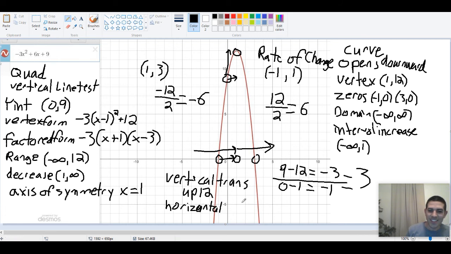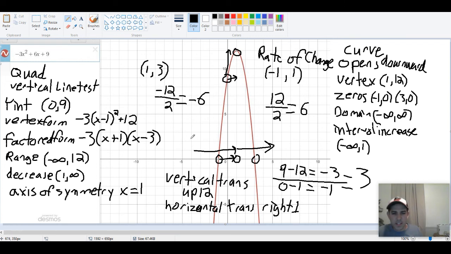Horizontal translation of, let's see, the equation in my vertex form had a -1, but I know it's the opposite, so it went to the right one. Right one. My vertex tells me that it did go over 1 up 12.